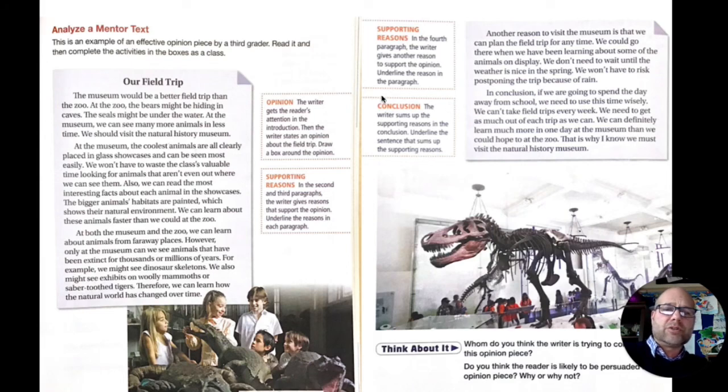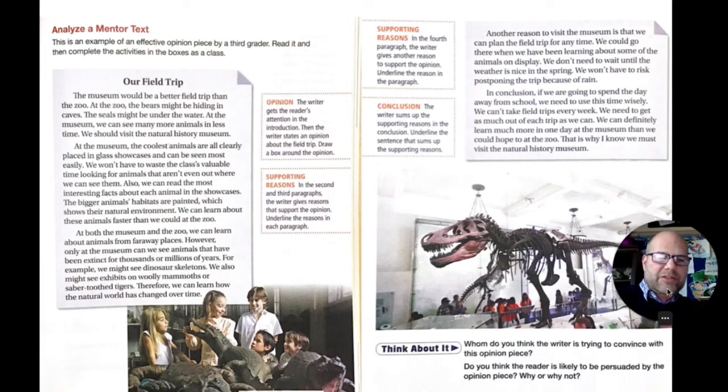Okay, so conclusion. The writer sums up the supporting reasons in the conclusion. Underline the sentence that sums up the supporting reasons. And then think about it. Who do you think the writer is trying to convince with this opinion piece? Do you think the reader is likely to be persuaded by the opinion piece? Why or why not?